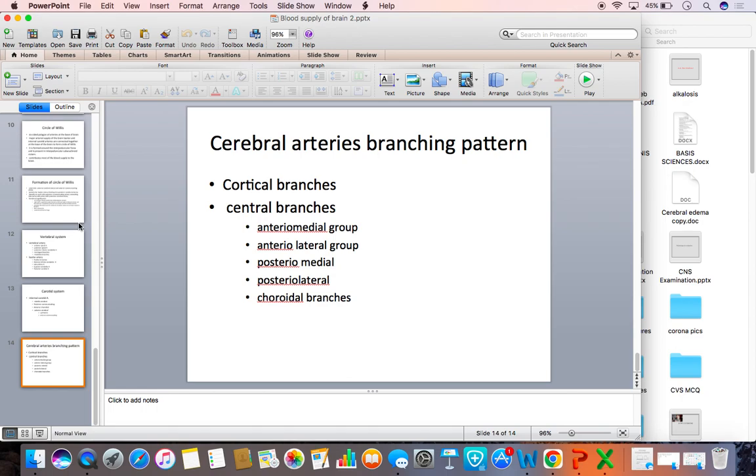And if the hypoxia persists for more than 10 minutes, there is brain death, a situation from which the patient may not be able to recover. That is the importance, my dear students, to know the blood supply of brain, which should be continuous and uninterrupted, either due to vascular block or due to circulatory failure.